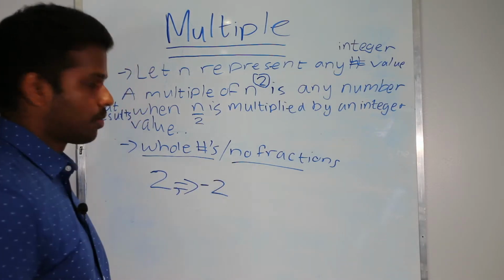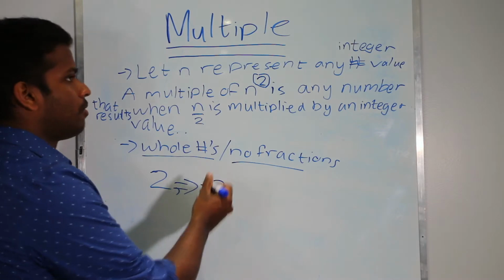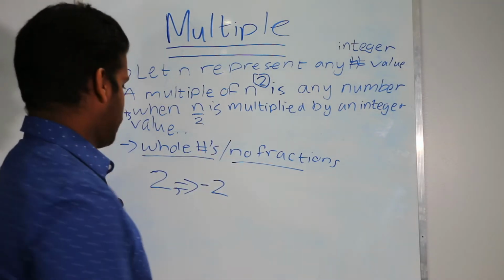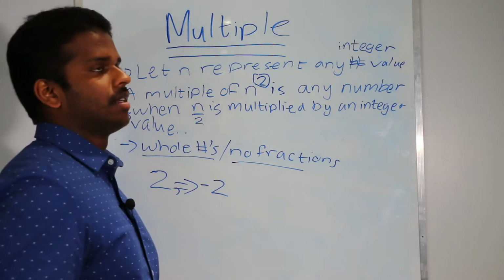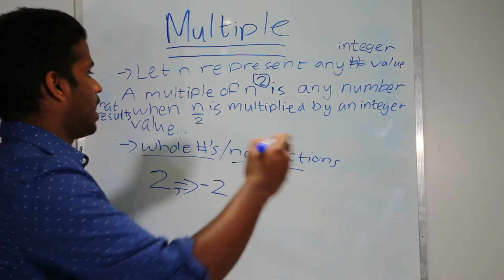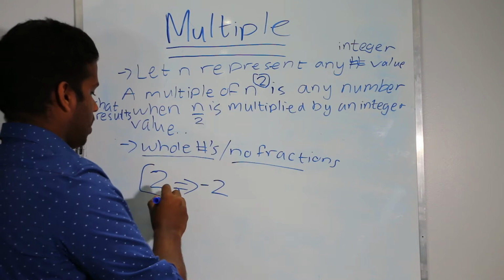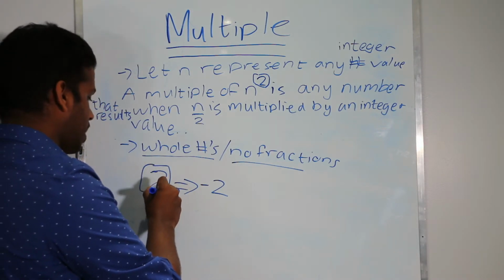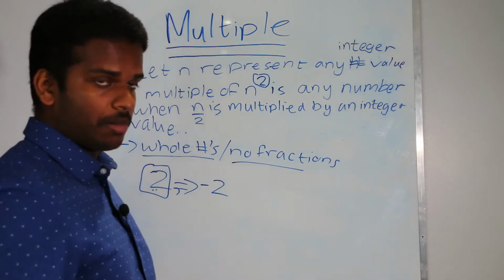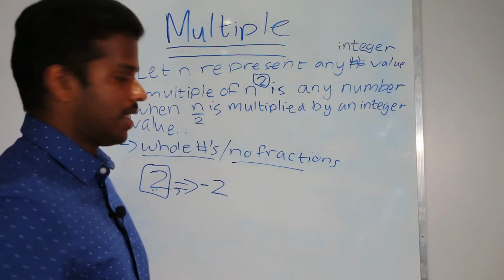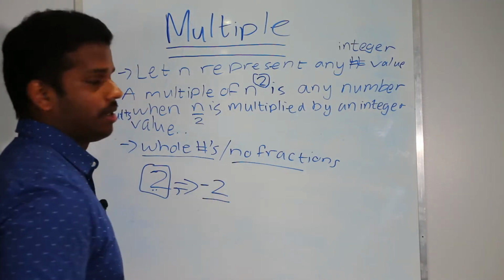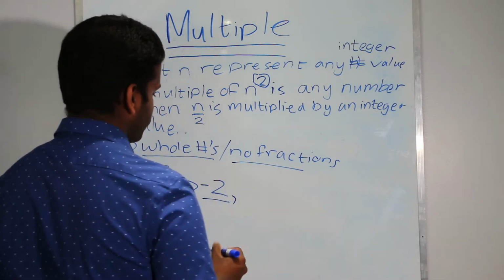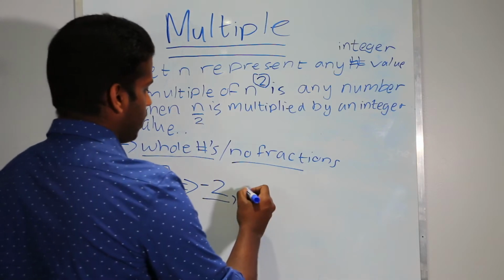Negative 2 works too, because 2 times negative 1 is also a multiple of 2. If you multiply that number by any whole number, positive or negative, then that product is also a multiple. Negative 2 is where we can start from there.